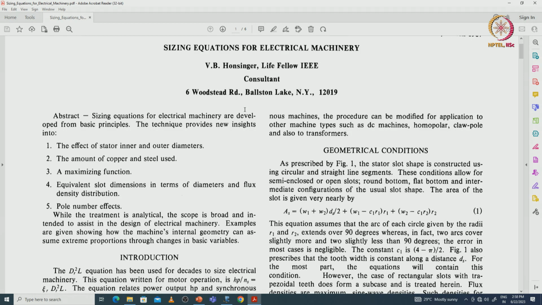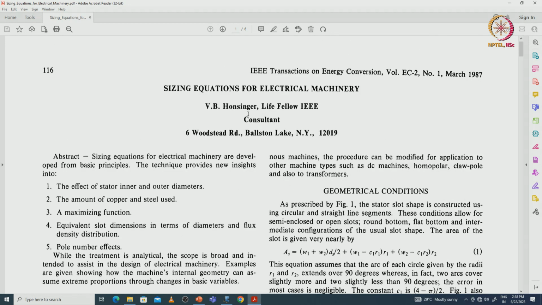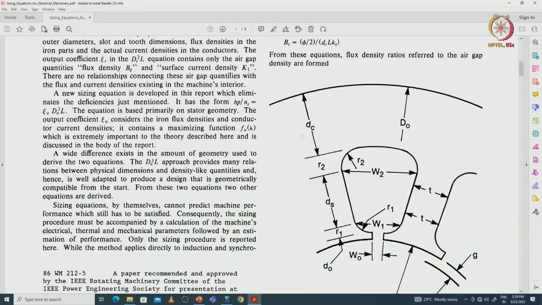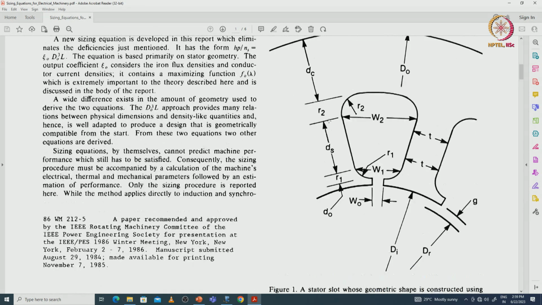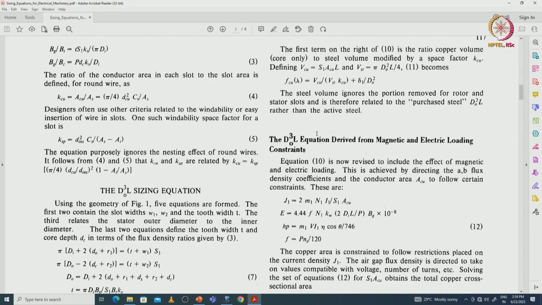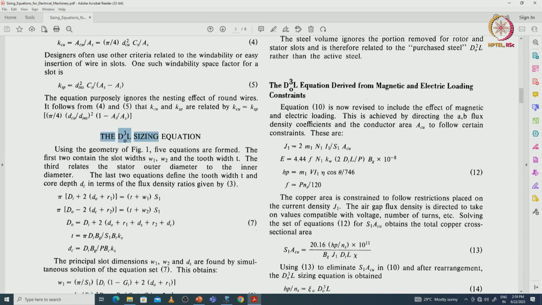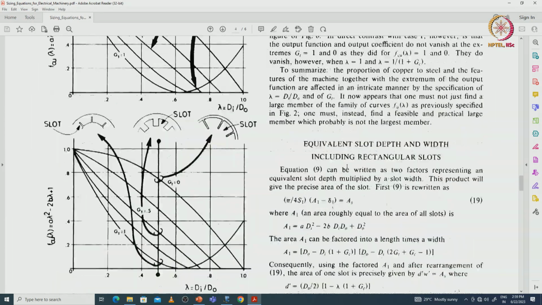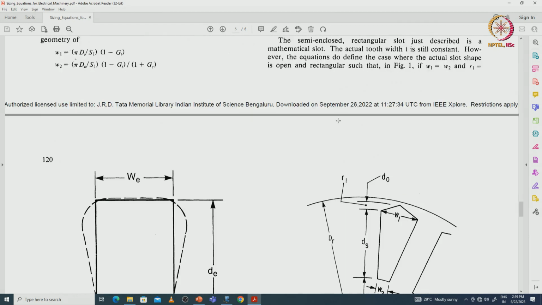If anyone is interested to derive the power equations in terms of rotor geometry, they can go through this reference paper, sizing equations for the electrical machinery. From this reference only we have derived the power equations with respect to the stator slot geometry, that is the d cube L sizing equation. I have not derived the power equations with respect to the rotor slot geometry.